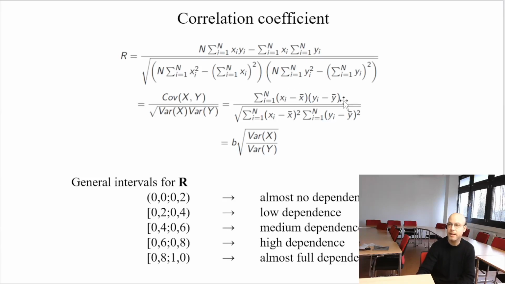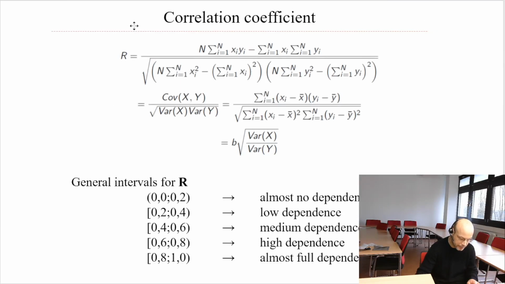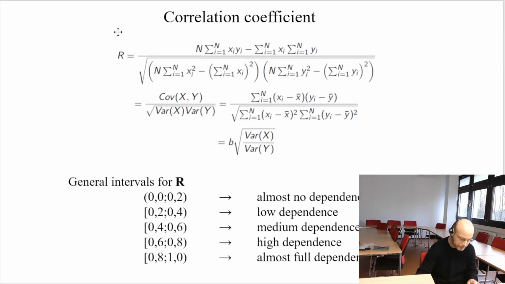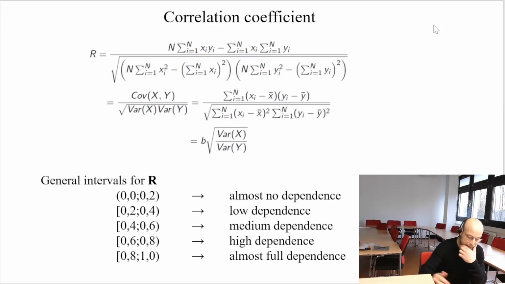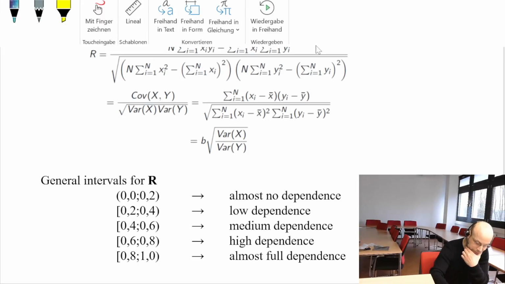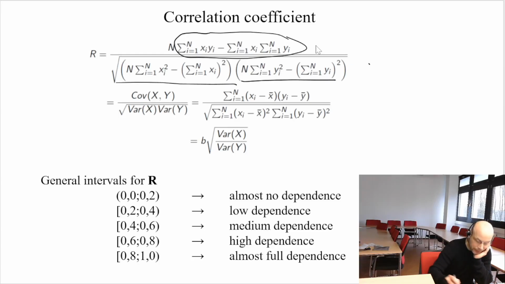And for this normalization, we then divide our covariance by the product of the standard deviations of our single variables.